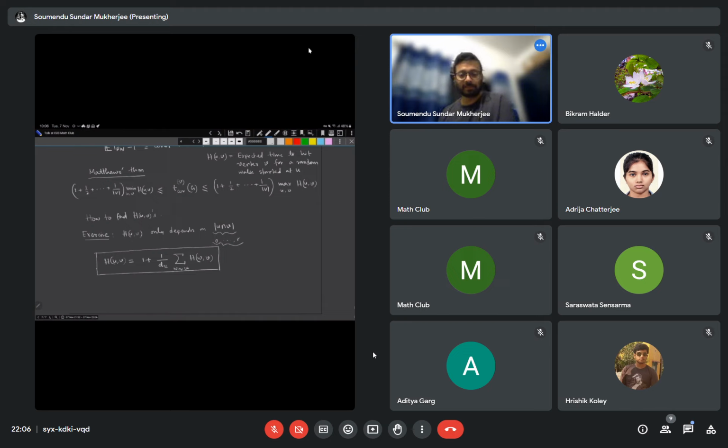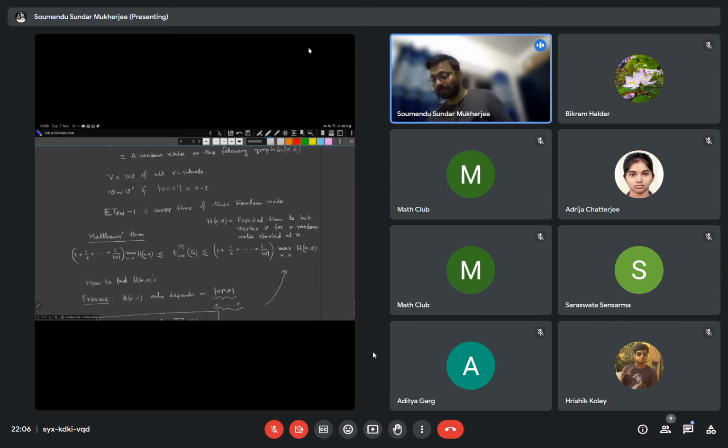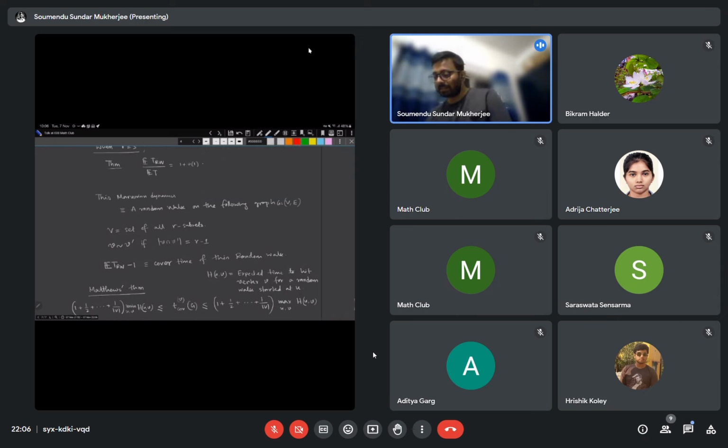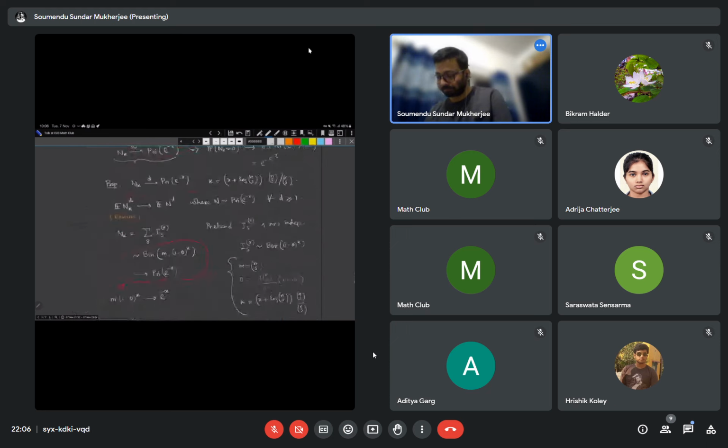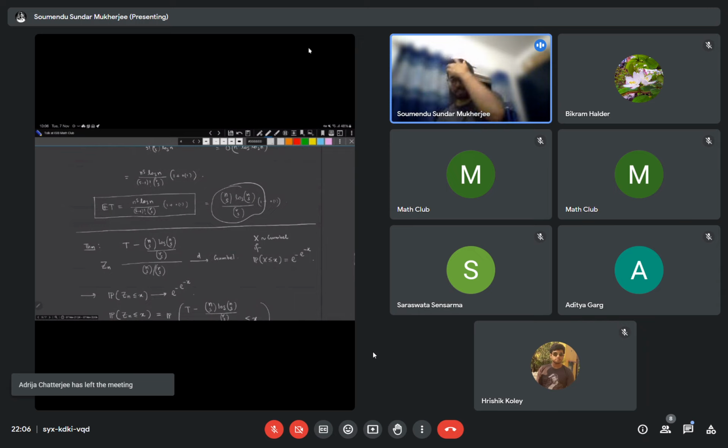And from that, if you apply Matthews' theorem, you can show that this cover time, which is the same as the expectation of T_RW up to a constant, is exactly what we want, which is n choose r, n choose r times log of n choose r.